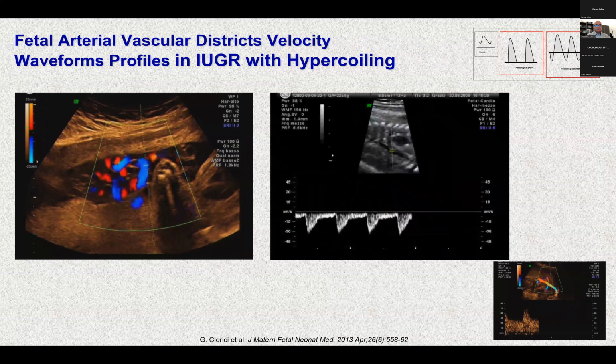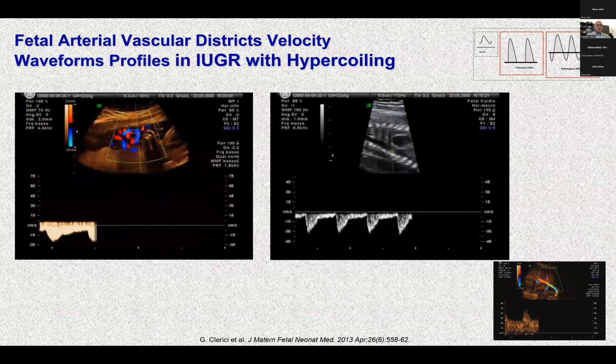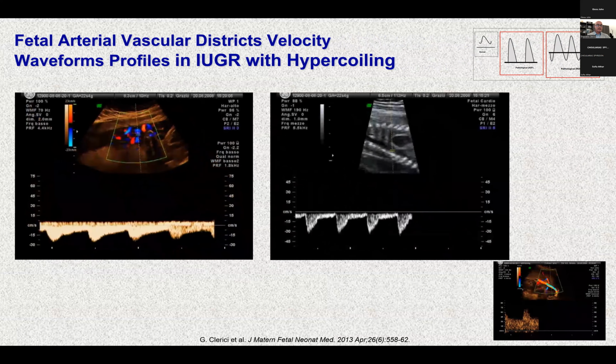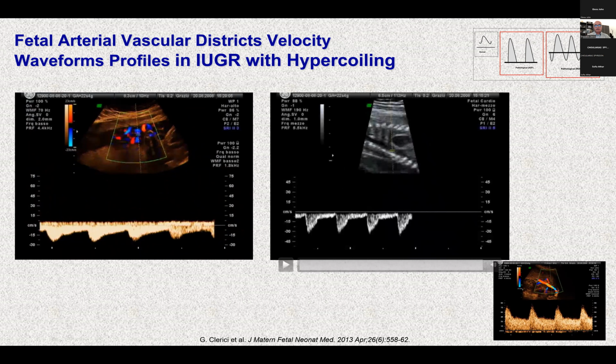You can see I was checking the umbilical arteries and the umbilical vein that appears normal. I was evaluating the fetal arterial district. Here you can see the aorta.